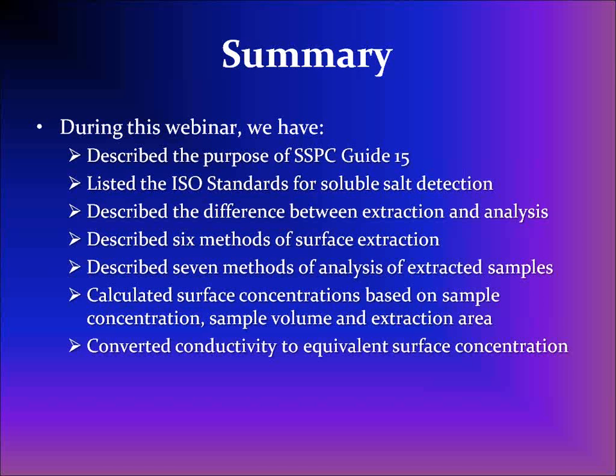We've also learned how to calculate surface concentrations based on the concentration of soluble salt in the collected sample, the sample volume, and the size of the area where the extraction occurred. And we learned how to convert conductivity to the equivalent surface concentration.